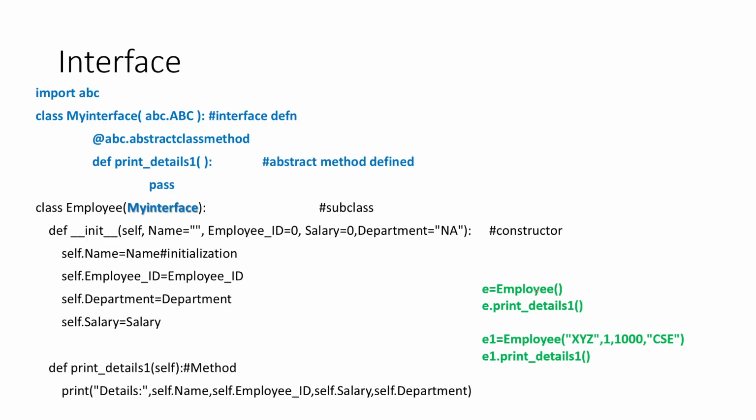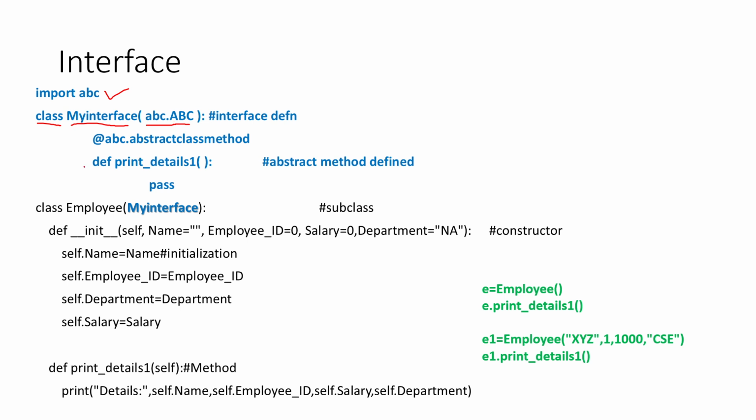To implement that, we have to use the library, that is import abc. I'm going to create an interface class, my interface. This is the statement that is required, abc.ABC. This tells that you are using interfacing, you are creating the interface.